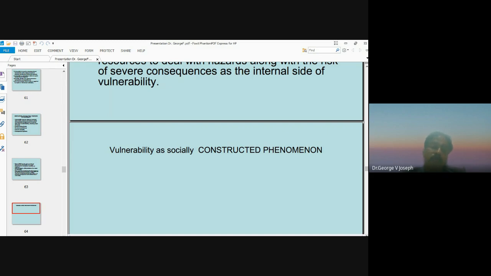Sometimes because of new hazards and new vulnerable conditions, it may also increase. So it is a socially constructed terminology, not a permanent thing, it is a dynamic phenomenon.